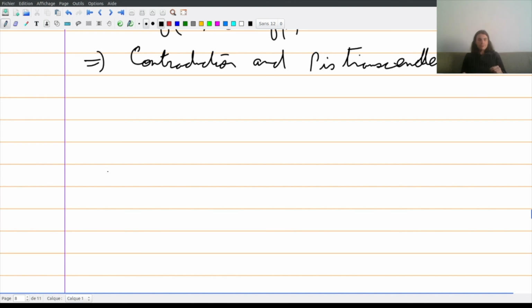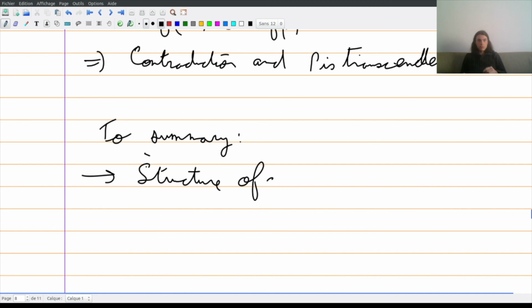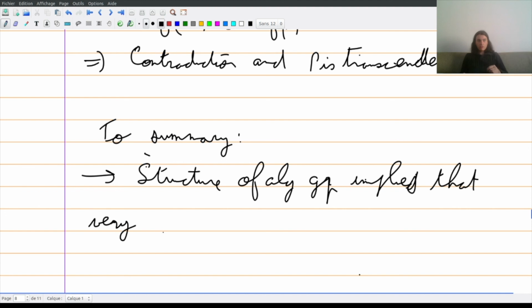So to summarize, the fact that there is a structure of algebraic group implies that very few relations may appear between the solutions.